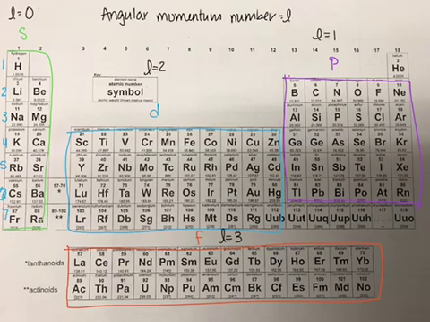Then we have our magnetic number, and this is represented by m sub l. This gives you the orientation around the nucleus. With the S, our only possible option is 0. With our P sublevel, our possible orientations are -1, 0, or +1.